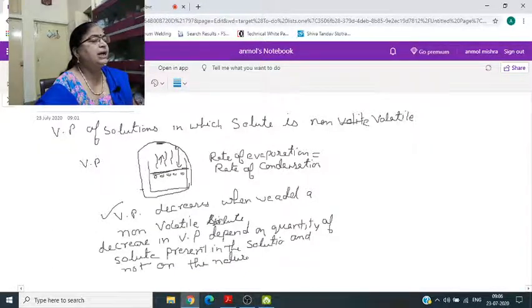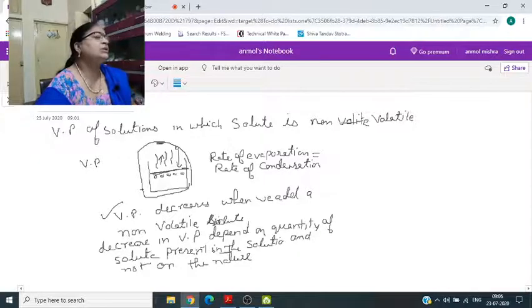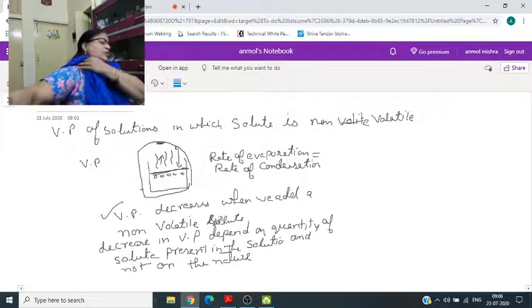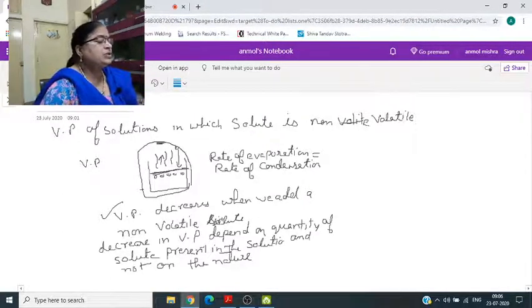It means that if we dissolve sugar or urea of the same amount, then they will exert the same vapor pressure. So again, Raoult's law is there, that is the vapor pressure of any solution is directly proportional to the mole fraction of the solute or of the component.